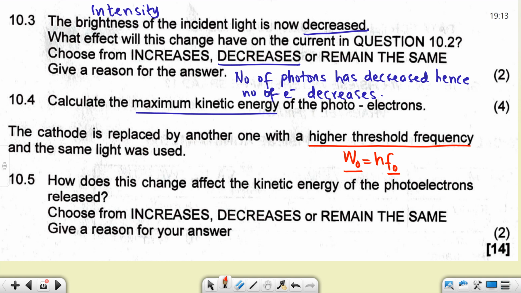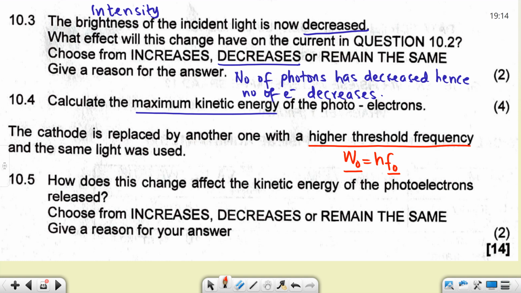Remember, we are increasing the threshold frequency. I see that some of us are not so clear about what's going on.